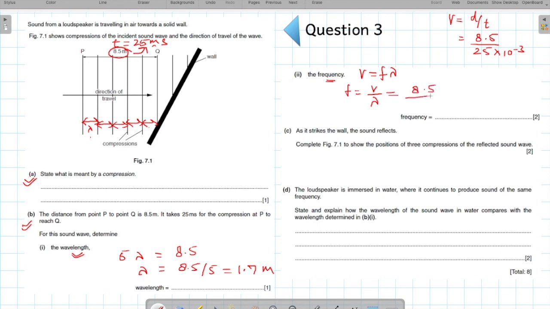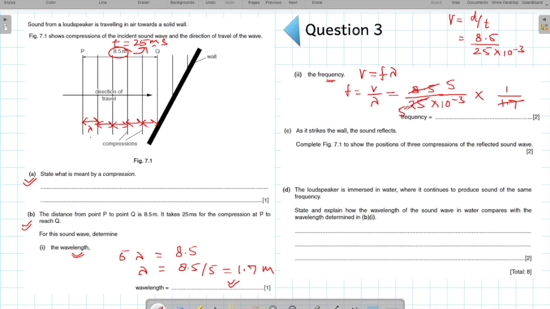8.5 divided by 25 times 10 to the power minus 3. This is your speed, times 1 over lambda. How much is the lambda? You have already calculated it here, 1.7. So this whole thing goes 5 times.